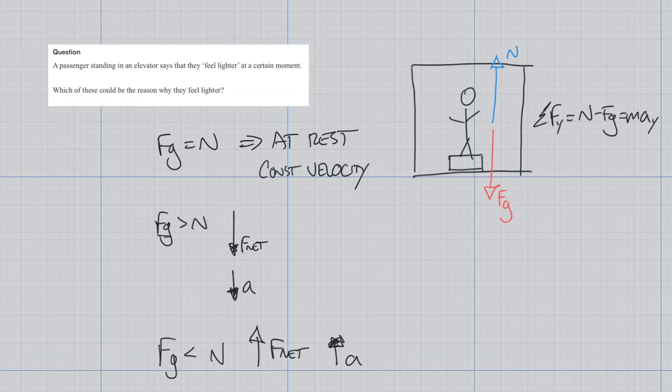So if we're thinking about all those scenarios, when do we want the person to feel lighter? What could be happening when our acceleration is in the negative direction? Well, one thing that could be happening is the person starting to move down.